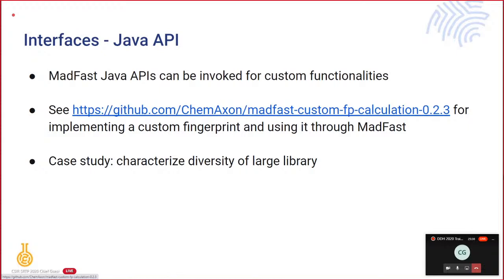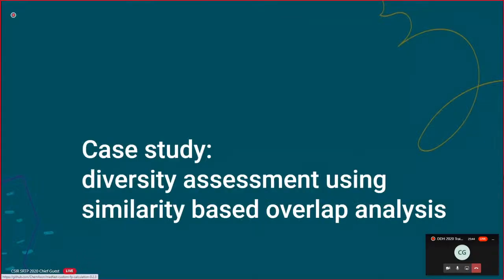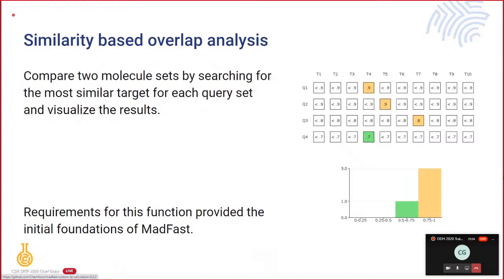This is a kind of case study where we see how this tool can be used to characterize the diversity of a larger, over 1 million molecule library. For this characterization, we will use the similarity-based overlap analysis functionality of MadFast.